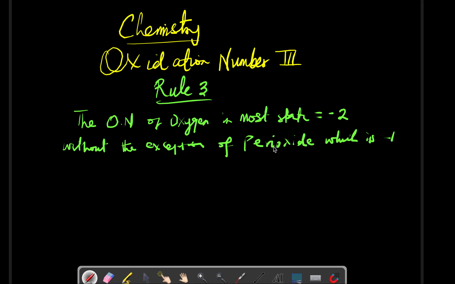So what this is telling you is that the oxidation number of oxygen in most states is -2, except for this particular one they call peroxide. When you reach peroxide, it is always -1.